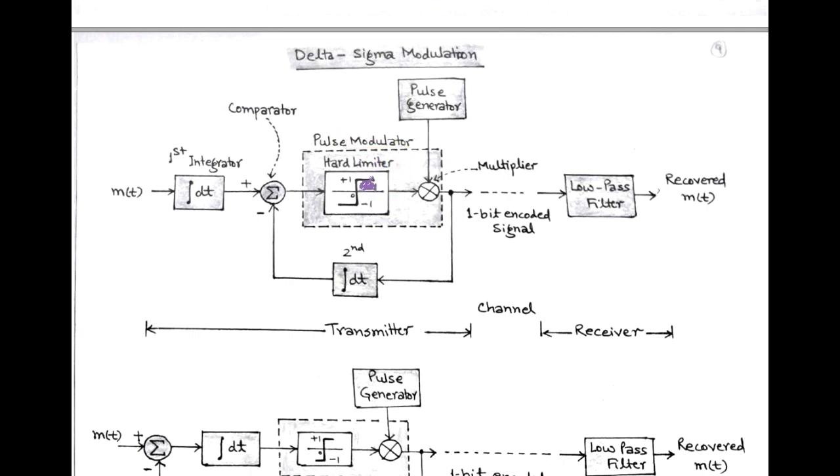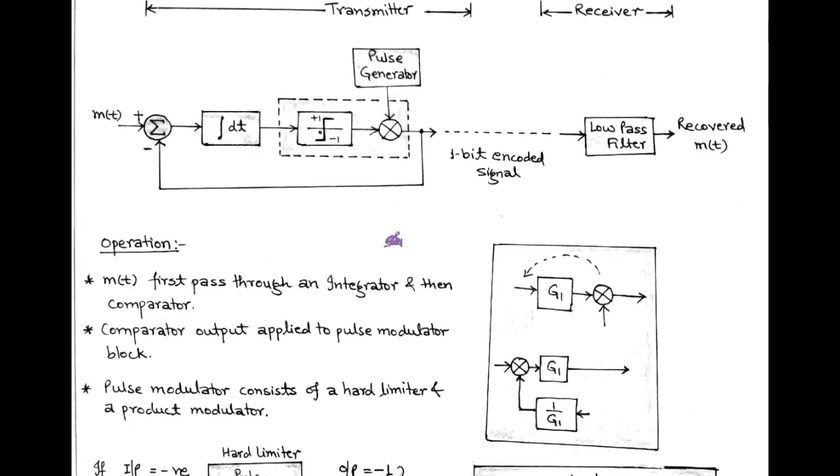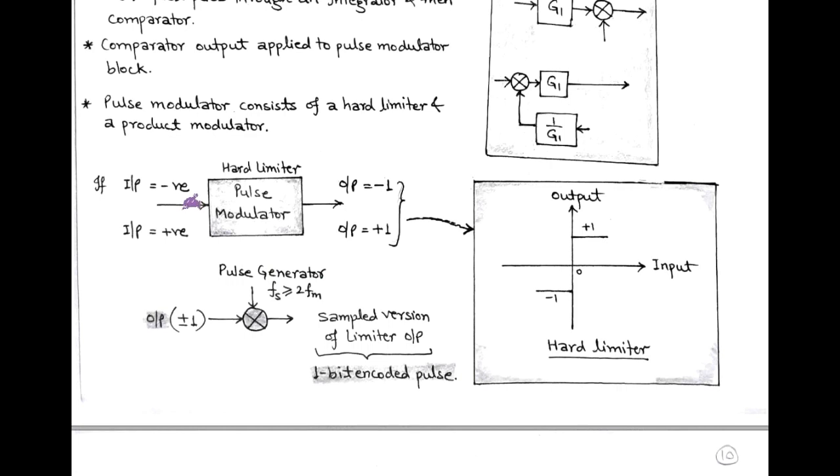Pulse modulator block consists of a hard limiter and a product modulator. At the output of the hard limiter, we get amplitude level -1 corresponding to negative input and +1 corresponding to positive input. The product modulator multiplies the hard limiter output and the pulse generator output.